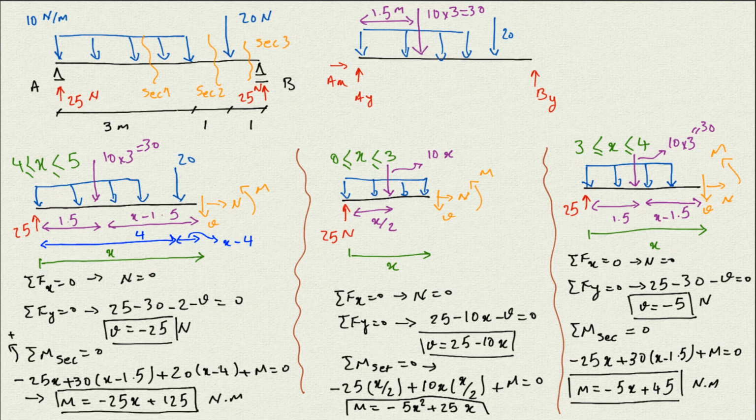So now we have the equations between all the sections. We can go ahead and draw those equations, and by drawing those equations, what we get is the shear diagram and the moment diagram.